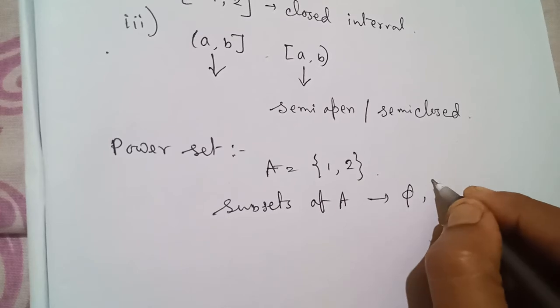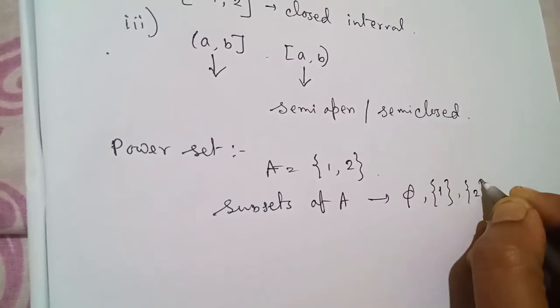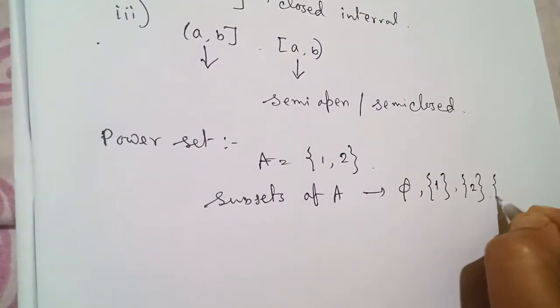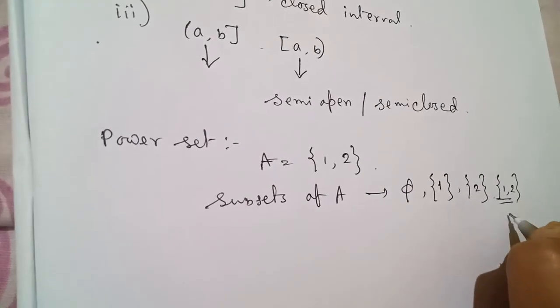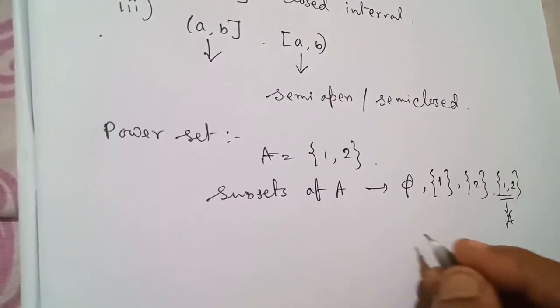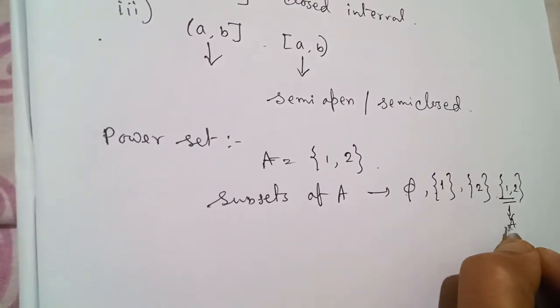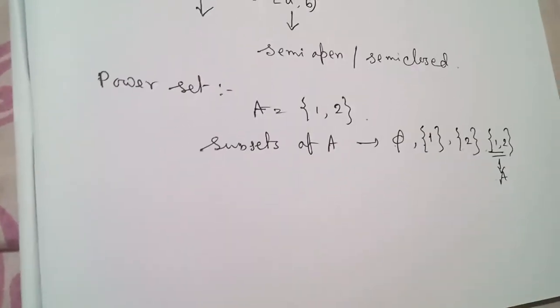So phi, then singletons {1}, {2}. Then what is left? With two elements, {1, 2}. We can write this or we can write directly A, doesn't matter. So we have got all these four subsets precisely.